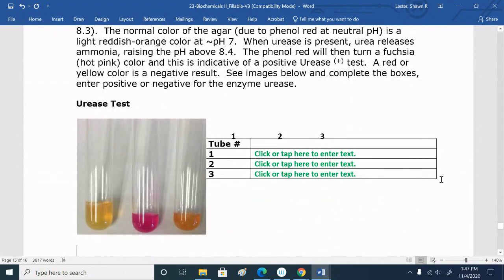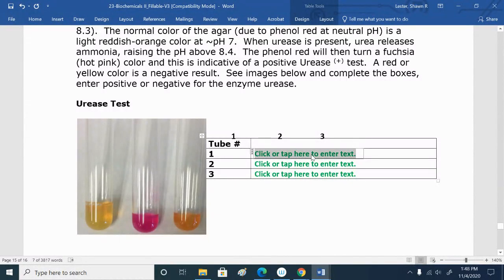So here we have 3 tubes, right, tube 1, 2, and 3. Although the 1, 2, and 3 numbers here got offset, they should be over here. But tube number 1 is yellow. Is that positive or negative for urease, and what's the pH?